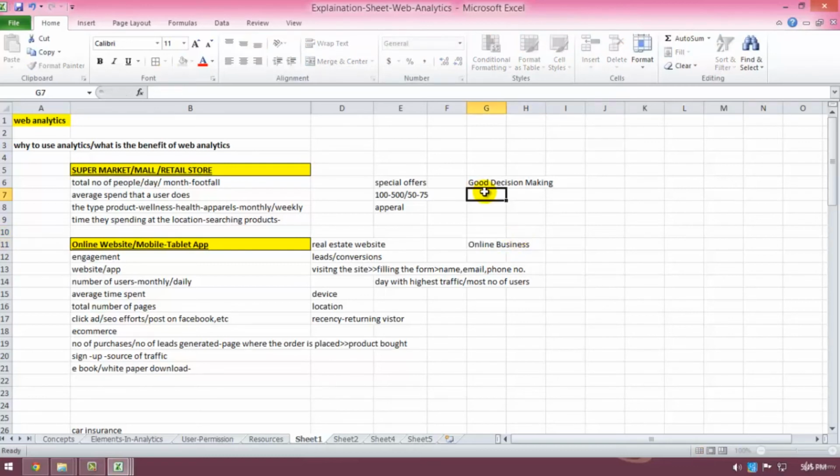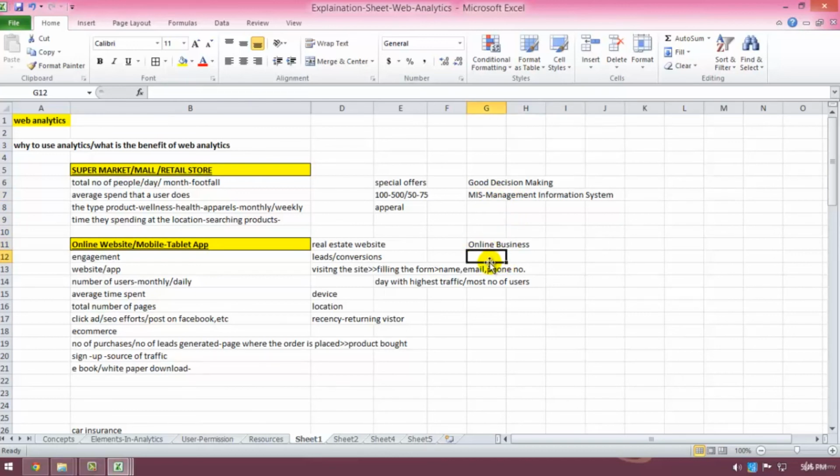And for offline business, in many organizations they have a specific team known as MIS, which does the management information system, which develops data for the company, which helps them in making good profits and good decisions.